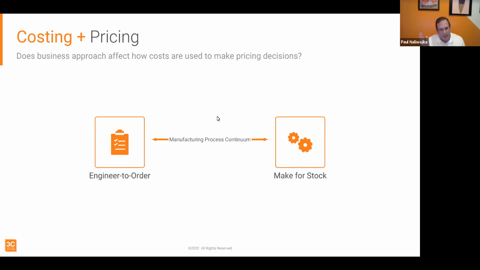So on that right-hand side of the screen, we do have customers that really are hesitant to share costing. One of the words we use is silos, right? How big is your silo? We have customers that don't want to share the costing information with the quoting people or the estimating people.